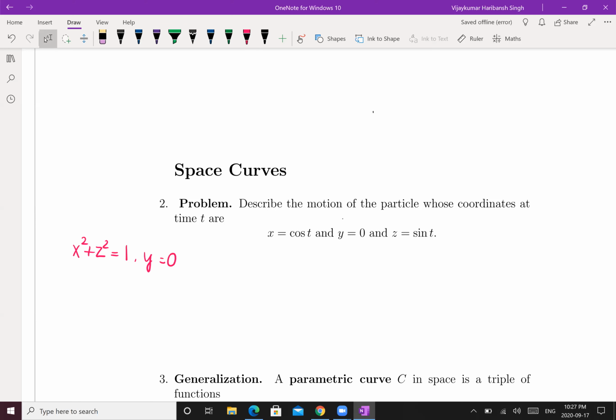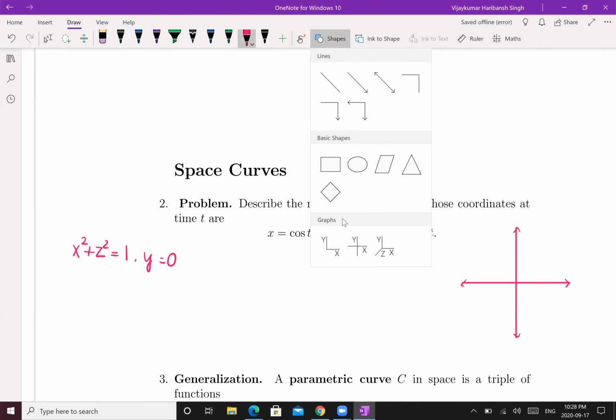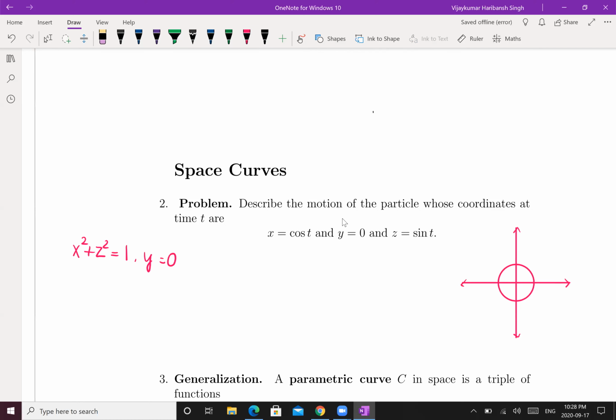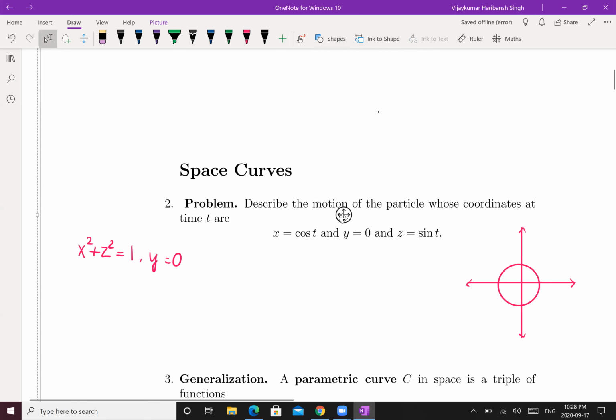So if you look at this in the xz plane, this will give you a circle of radius 1. So this is described by a circle of radius 1.